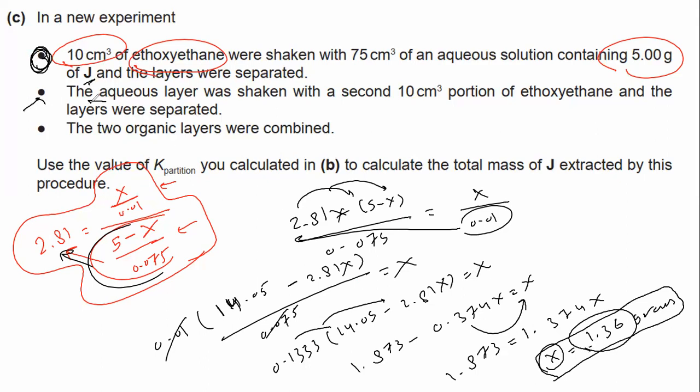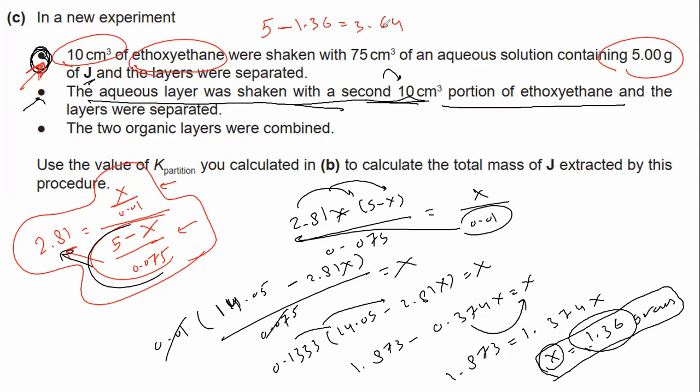Look to the next part. The aqueous layer was shaken with a second 10 centimeter cubic of ethoxyethane. After doing this, we used a second 10 centimeter cubic. Guys, look. Now, in here, we had 5 grams of G in water. From them, we removed 1.36. So the remaining of G is what?